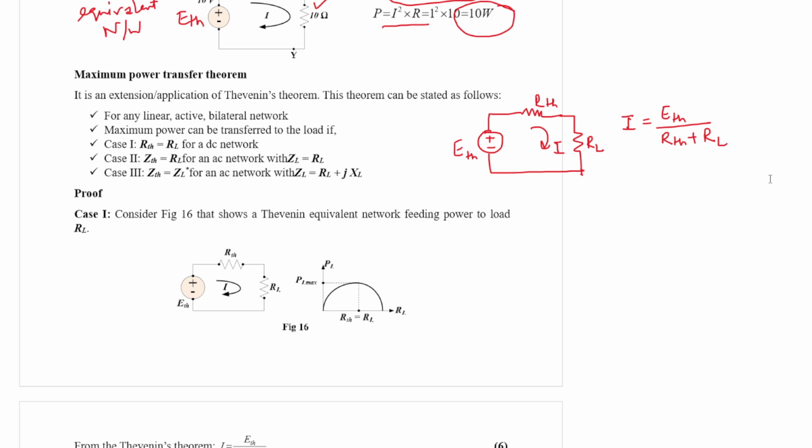Now, the maximum power transfer theorem is an application or extension of Thevenin's theorem.